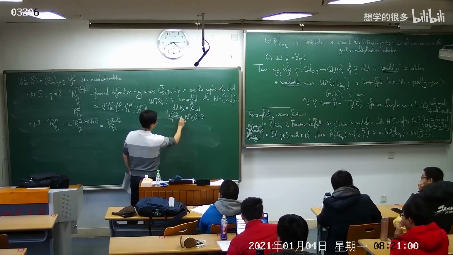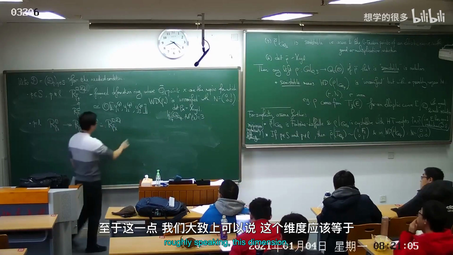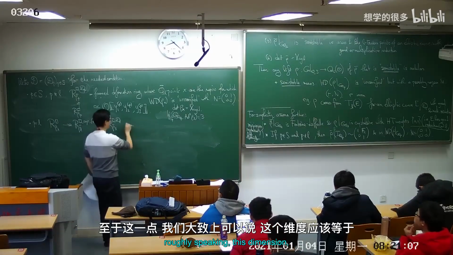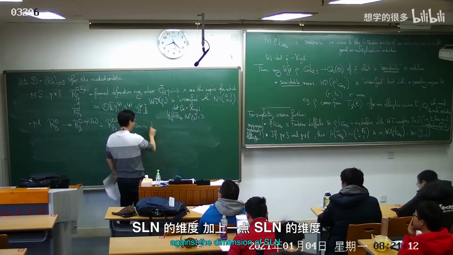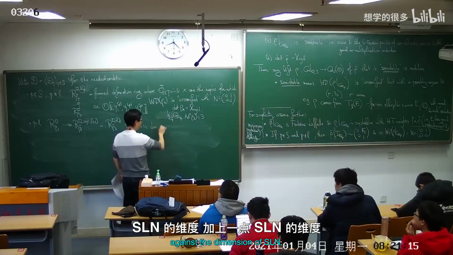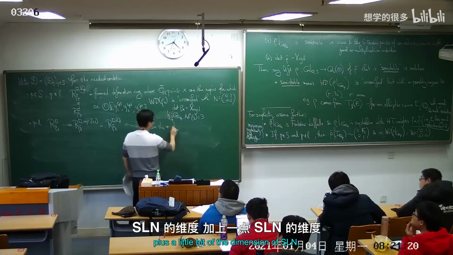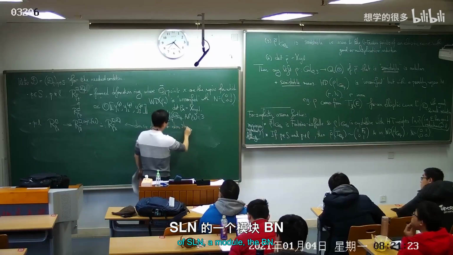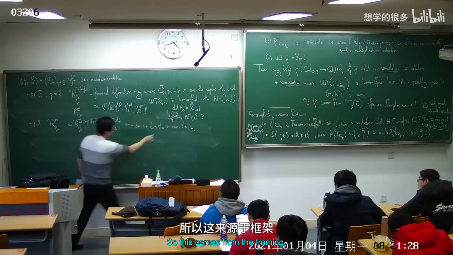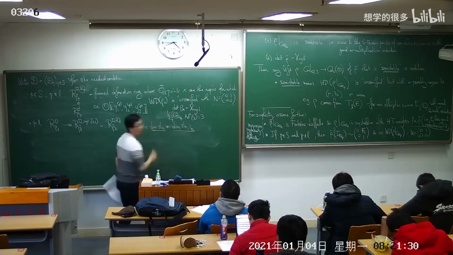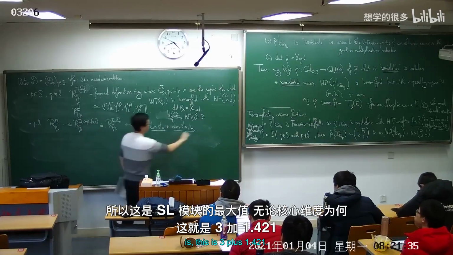Roughly speaking, this dimension should be equal to the dimension of SLN plus a little bit, the dimension of SLN modulo the Bn. This comes from the framing, and this is the essential dimension, so it's SLN modulo the max, whatever the quotient dimension is. So this is 3 plus 1 equals 4.